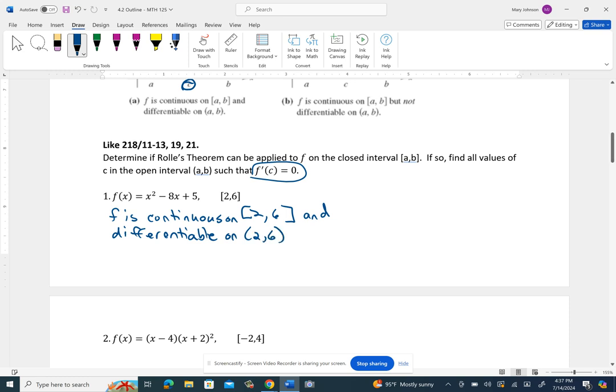Okay, so one more thing though you have to check is the value of f of 2 going to be the same as the value of f of 6? So you plug in 2 and you evaluate the function at 2. And for that one, you get 4 minus 16. So that's negative 12 plus 5 would be negative 7. And then you got to check the value of the function at 6.